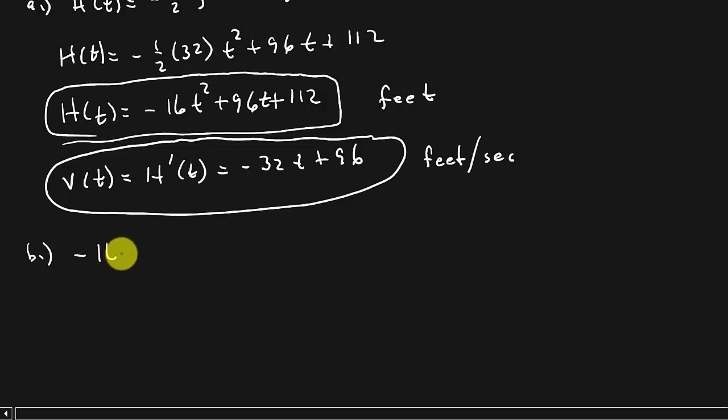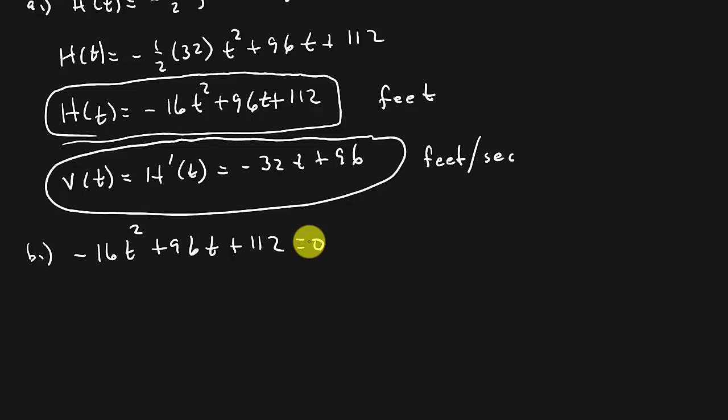So that would be negative 16t squared plus 96t plus 112, and we want to know when that function equals 0.